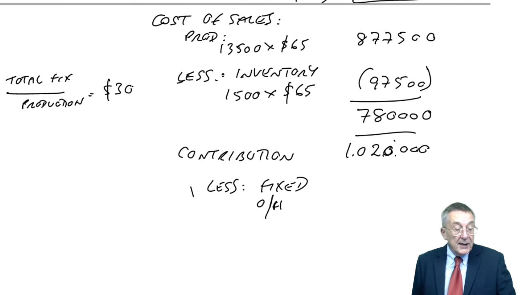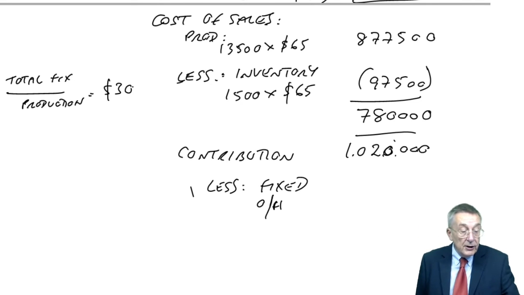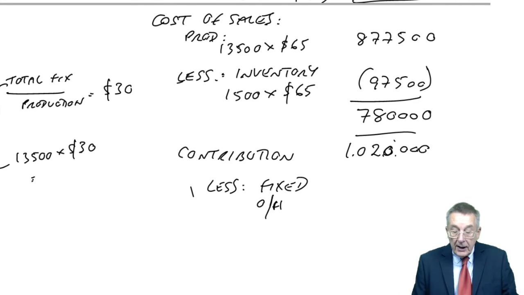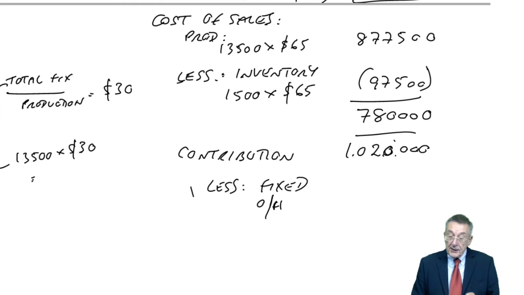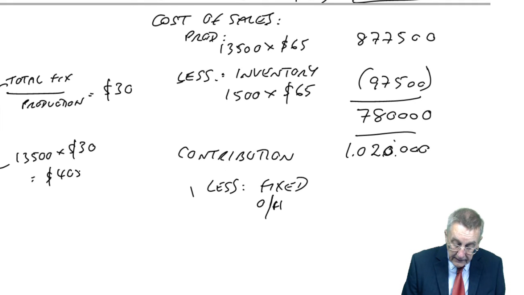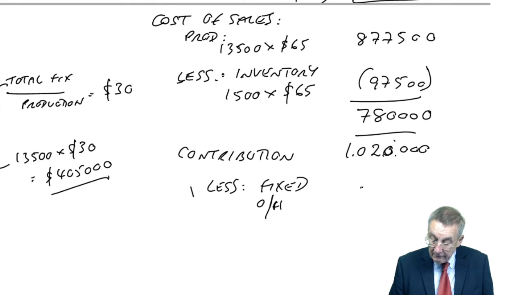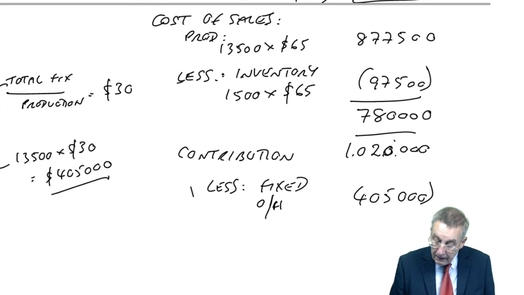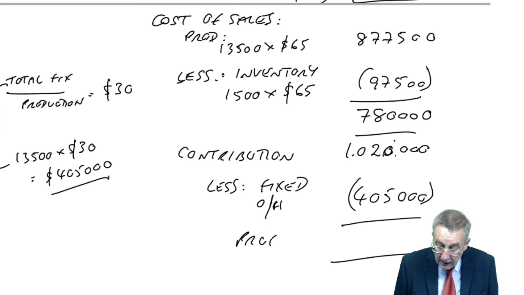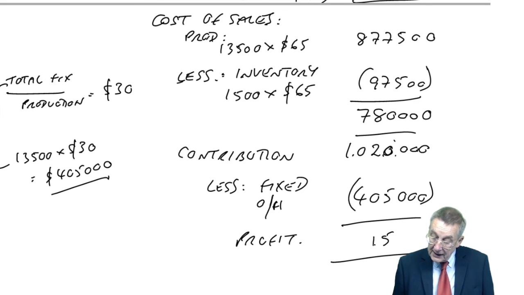Well, since they were producing 13,500, the total must have been 13,500 times 30. They must have been working on fixed overheads in total of 405,000. And therefore, the profit using marginal costing would be reported as 615,000.